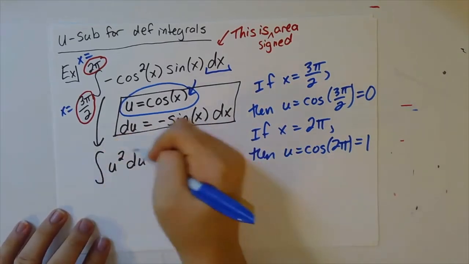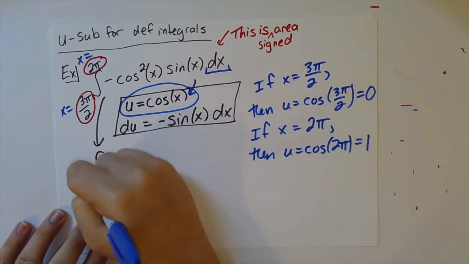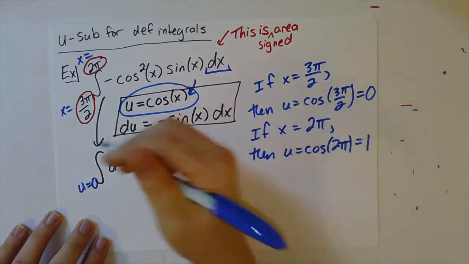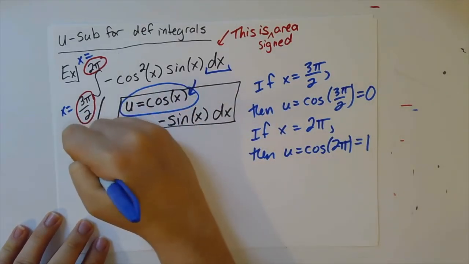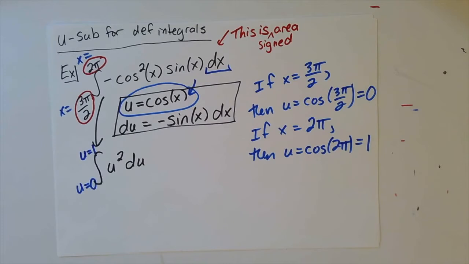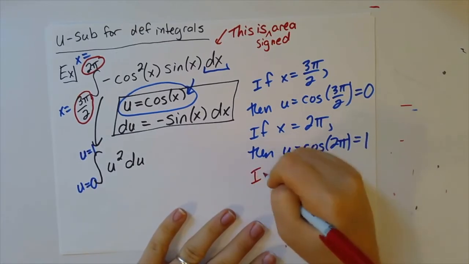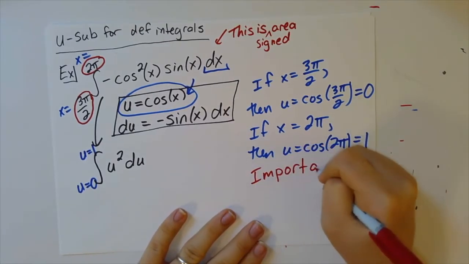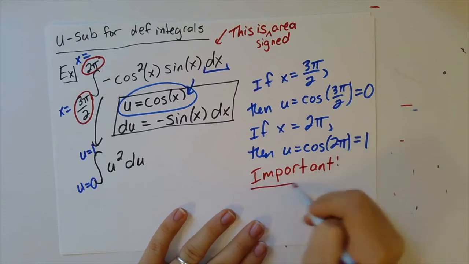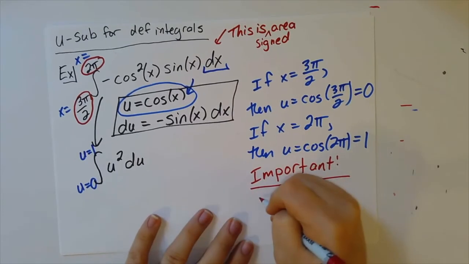So this integral becomes the integral from u equals 0 to u equals 1. And here's the important fact, the big takeaway: when you do definite integrals, you also have to translate the limits.